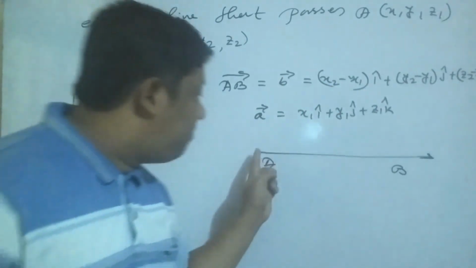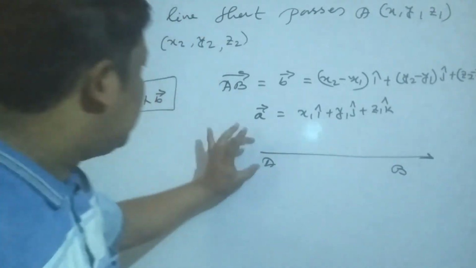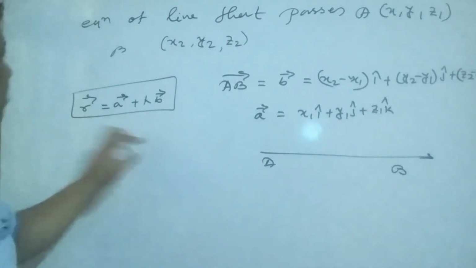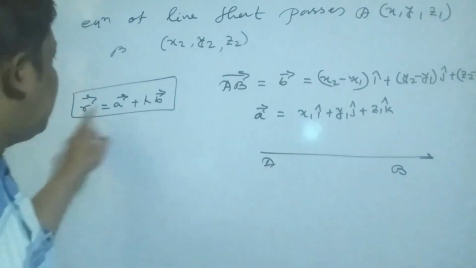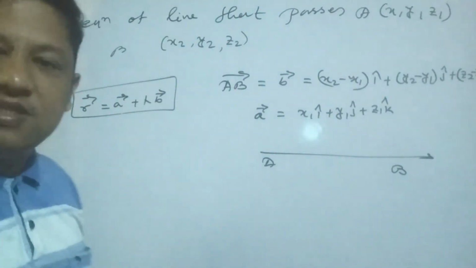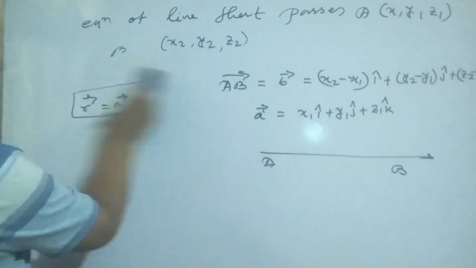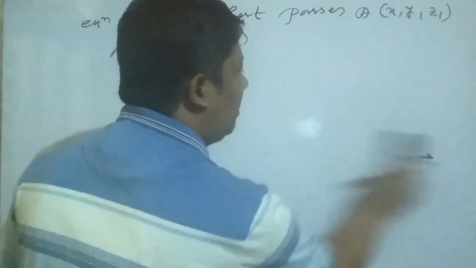The line passes through any 2 points. That is why this can be used as a vector. So you can write r equal to a plus lambda b, and you just substitute a and b here, you get the answer. So in these cases you can also find the equation of the vector.